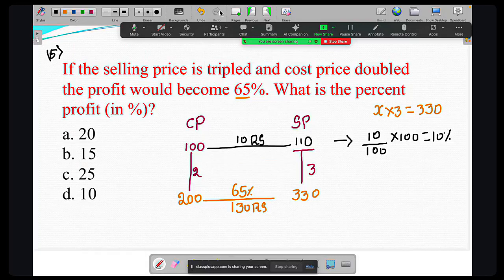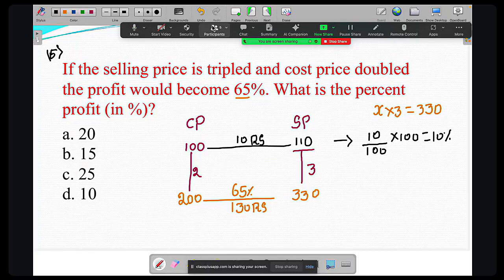Chandana, is it clear for you? Okay, write.